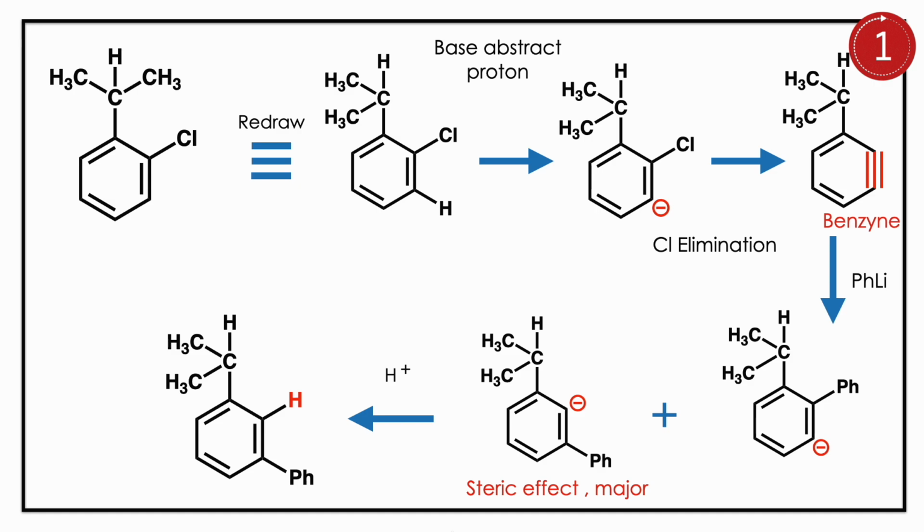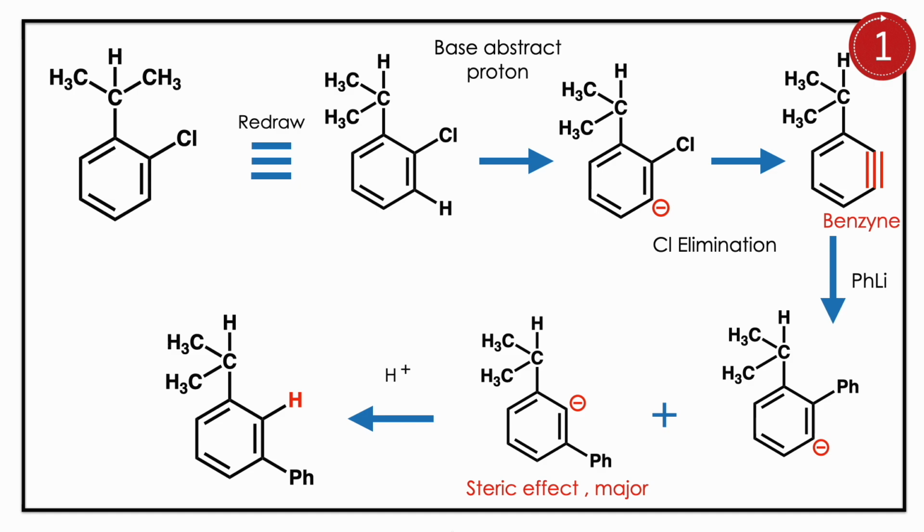You have chlorine there, you have the possibility of benzyne formation, so proton abstraction, you have anion formation, the anion promotes the chlorine elimination, leads to the benzyne.